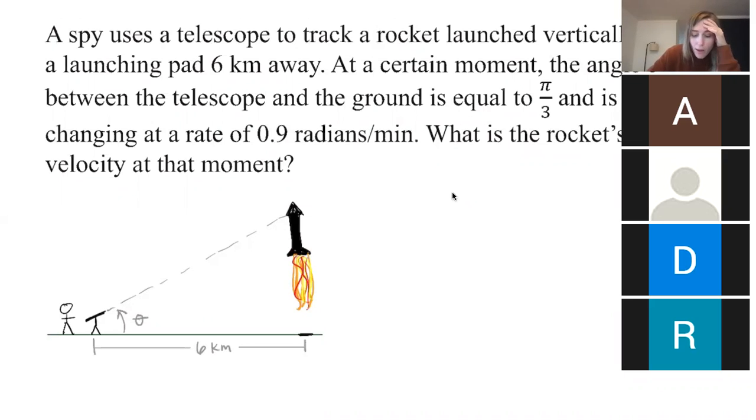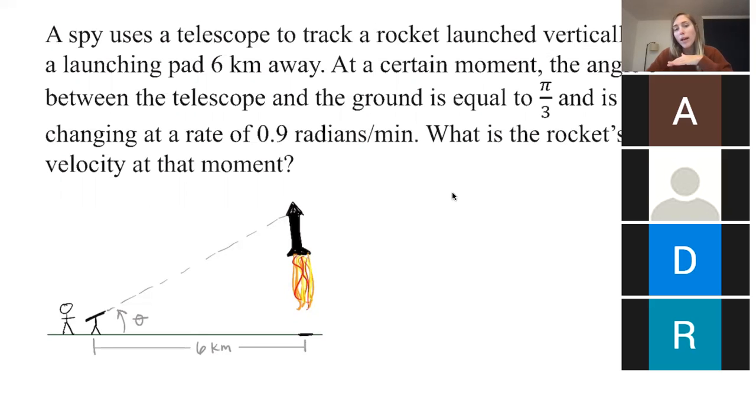And we're given the rate at which theta is changing, but we're going to be solving for another rate at the moment that theta is equal to pi over 3. So theta being equal to pi over 3 is describing the moment in time that we are solving for this other rate, which I haven't gotten to yet in reading the question.